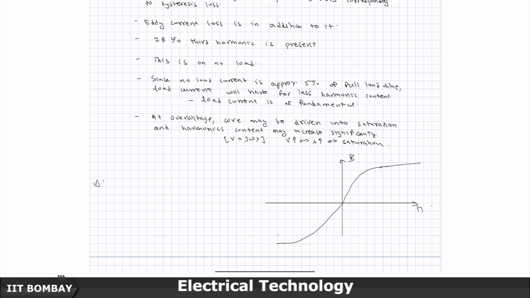But later on, once it has gone deep into saturation, then any change here and here, say this is B 2, this is B 1, this is H 2, this is H 1, then B 2 minus B 1 divided by H 2 minus H 1 has a slope of 4 pi into 10 to the power minus 7.